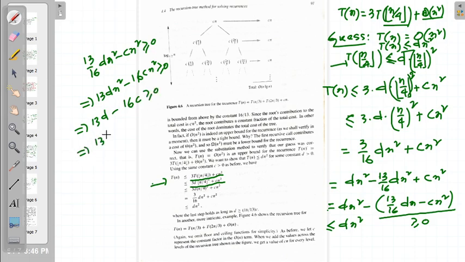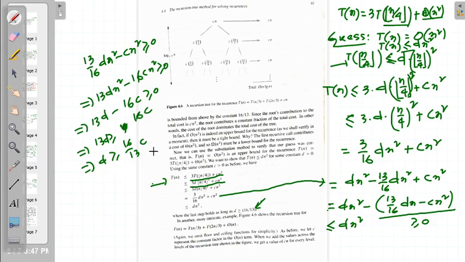That means 13d is greater than or equal to 16c, so d is greater than or equal to 16/13 c. Here it is written d greater than or equal to 16/13 c. One step they didn't do; from here to here, you have to do the manipulation like this.